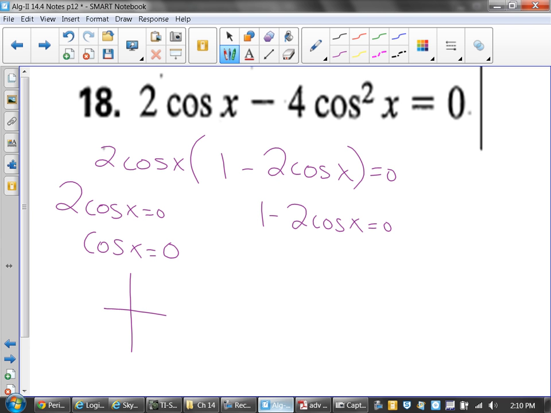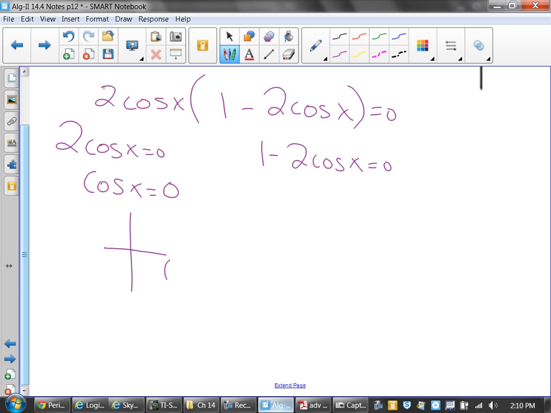Quadrantals. Unless you're looking at tangent with 1, you might get a 45. But whenever you have cosine or sine equal to 0, you're looking at your quadrantals. Remember your ordered pairs go cosine, sine: 1, 0; 0, 1; negative 1, 0; 0, negative 1.